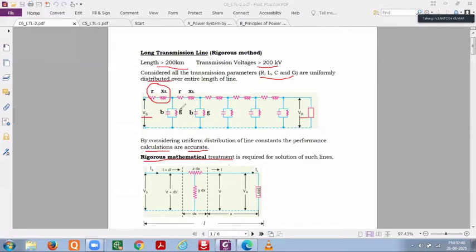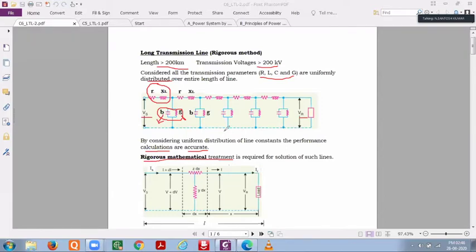G is the conductance and B is the capacitive susceptance. Instead of directly showing capacitive reactance, we denote it with capacitive susceptance just to keep the calculation simple, since writing impedance and admittance formulas becomes easy.